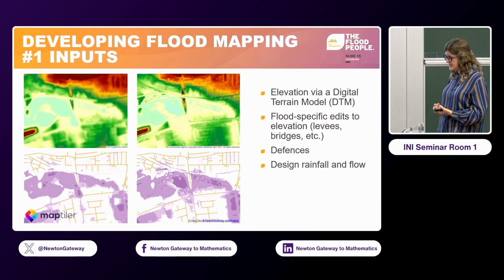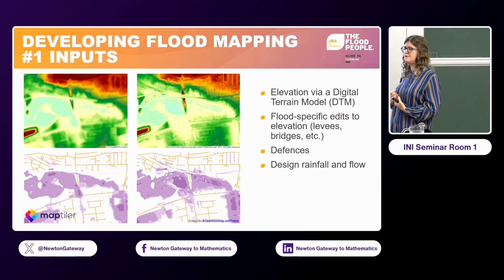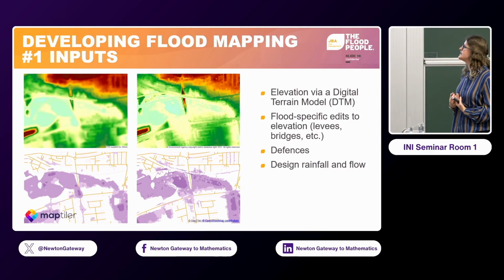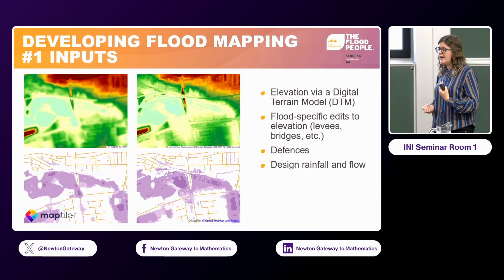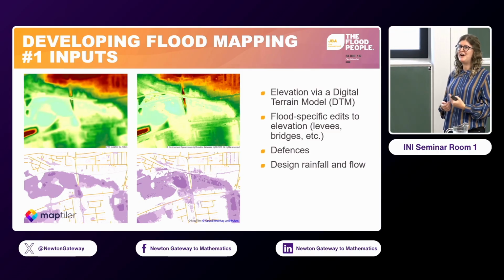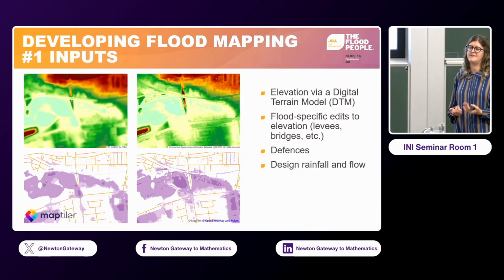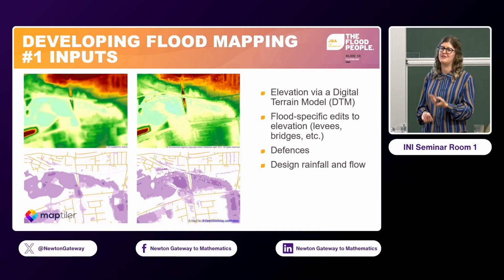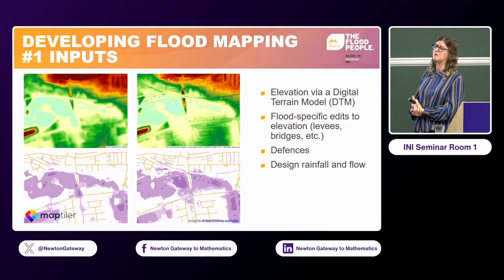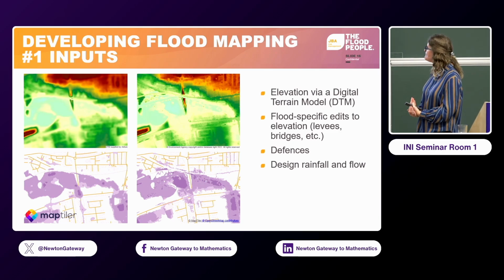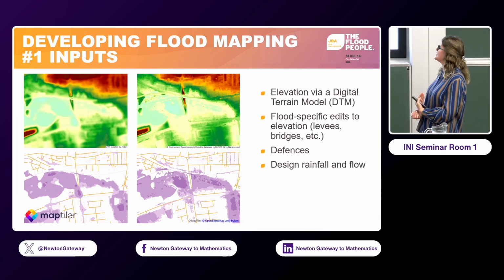And on the bottom, you've got a surface water flood map that's built from those inputs, and you can see the difference that makes. It's an appreciated fact that the quality of a flood map is always largely determined by the quality of the DTM going into it. And then you've got all the other things associated with that.